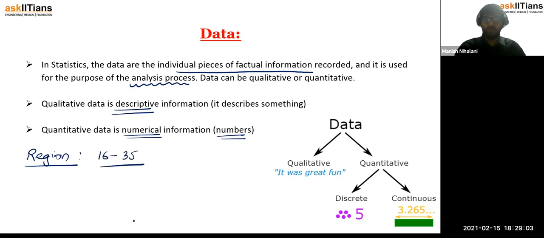Then we will classify this, so we can consider groups like 16 to 18: how many people are there in the age group 16 to 18, how many in the age group 18 to 20, and so on. This keeps going on and on. So quantitative data is basically information in numbers. Here I said just the age group of 16 to 35.